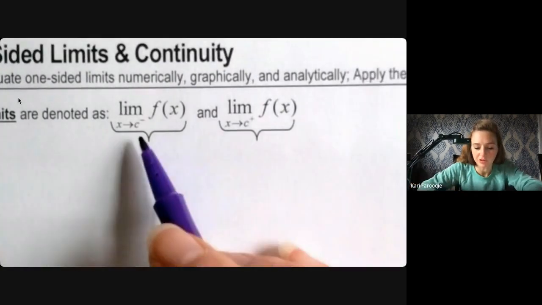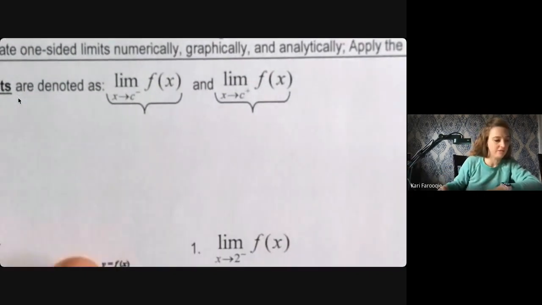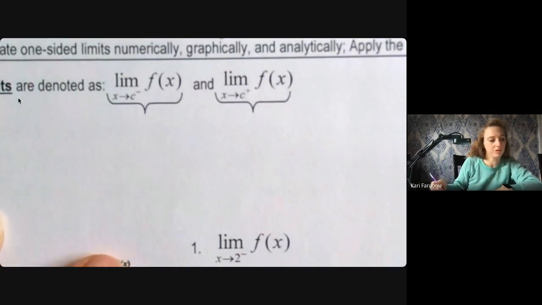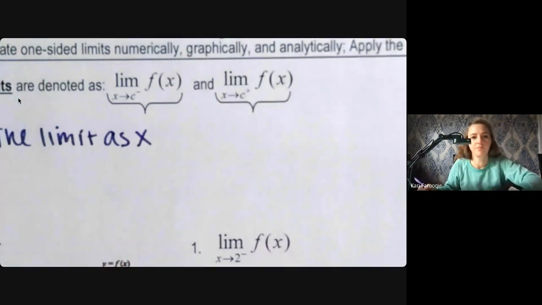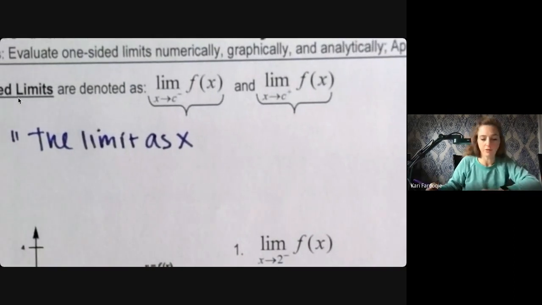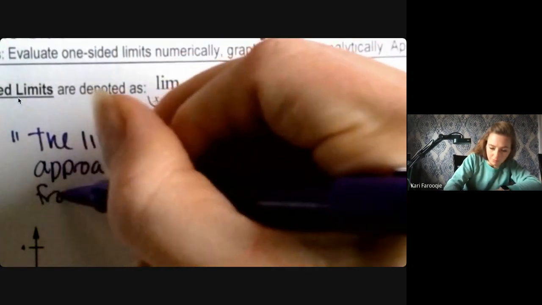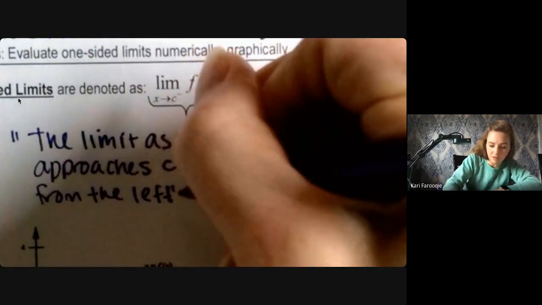So as x approaches c from the left and as x approaches c from the right, we can even add some notes to this so we know what they mean. So this will be the limit as x approaches c from the left.